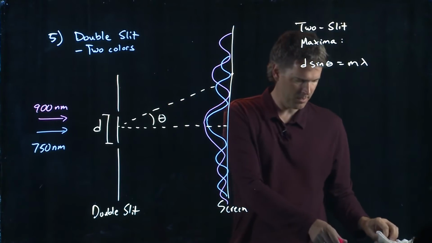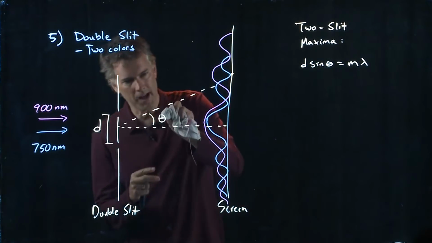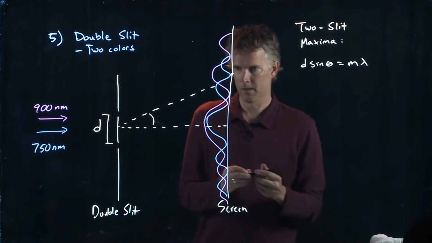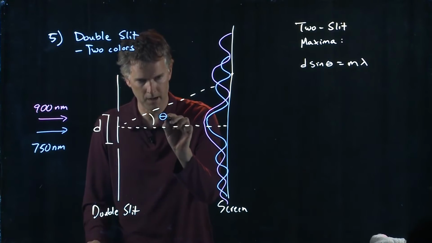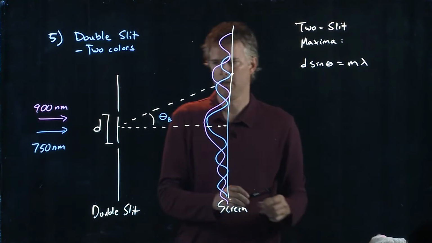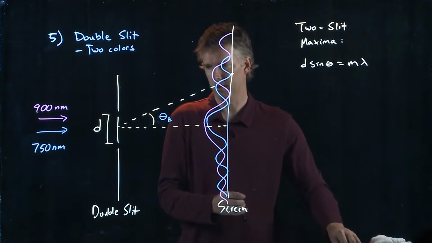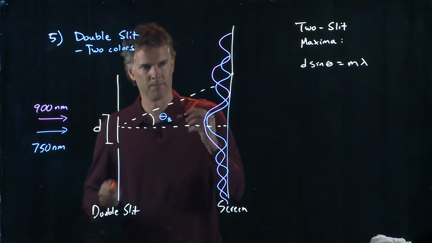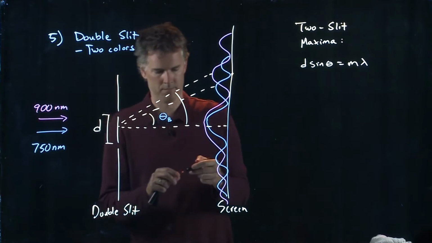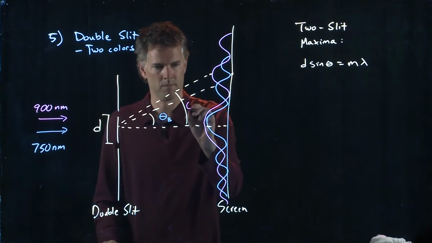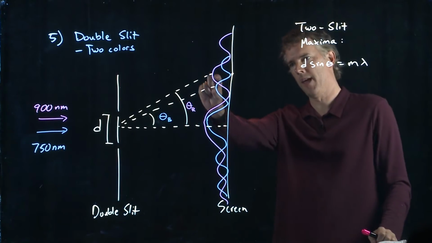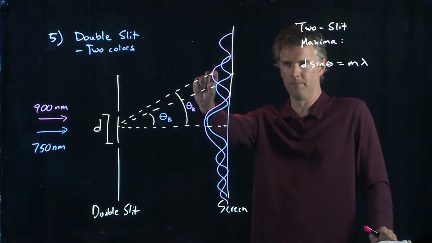All right, so why don't we label these angles as the following. This one we're going to call theta for the blue pen, and this one we will call theta for the red pen. Now, clearly they don't line up right there the way we drew them.